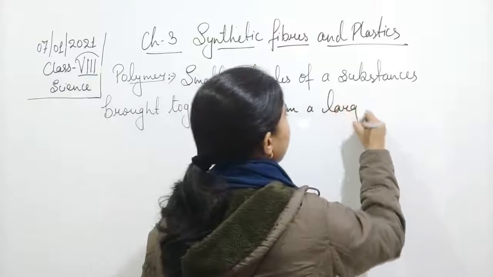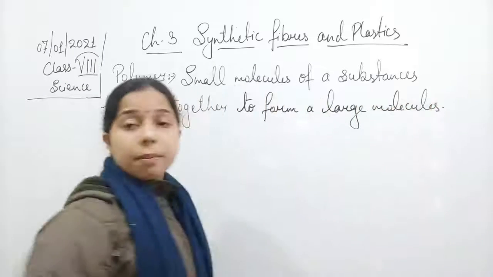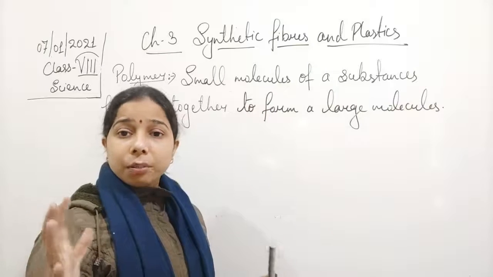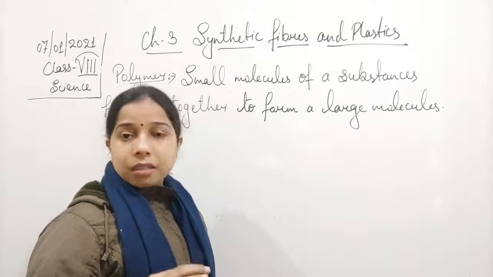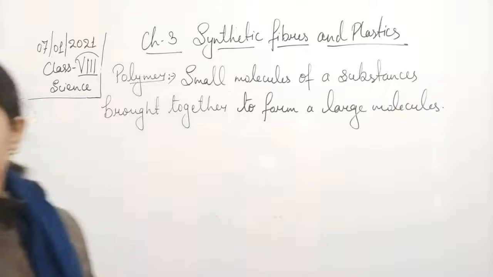So this was about the polymer, students. Small molecules, when they come close to each other, when they are brought close, thus form a large molecule, and this is what we call a polymer.